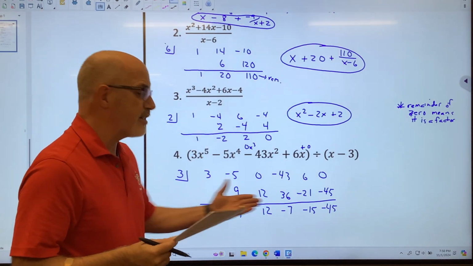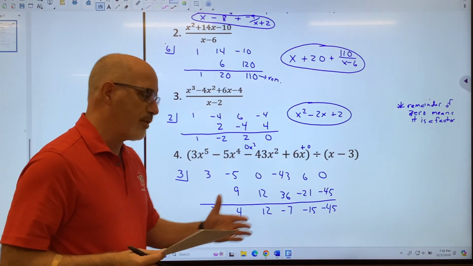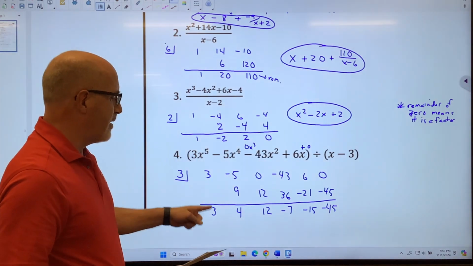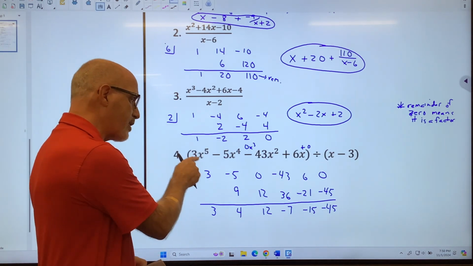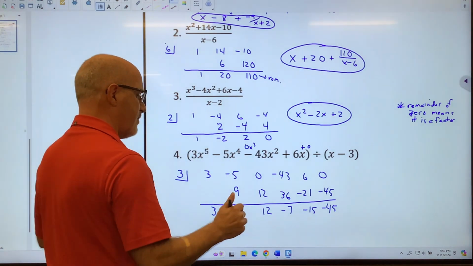So let's fill this back in with the variables from what we started. So I'm going to start with 3, and I'm going to have an x to the 4th, 1 degree less than my original dividend.